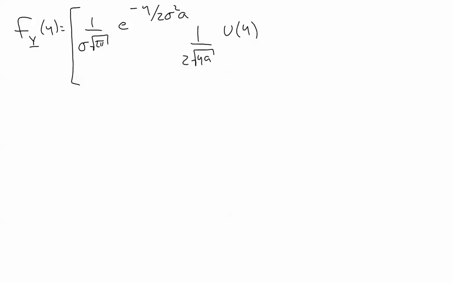Okay, so here's the step function, and I've got to add another piece to this in just a second. This is because the result y is always greater than or equal to 0. This piece here is the absolute value of my derivative. This is my zero mean Gaussian, where everywhere I had an x, I substituted in g inverse of y, rather. All right? Then I have to add in the second piece.